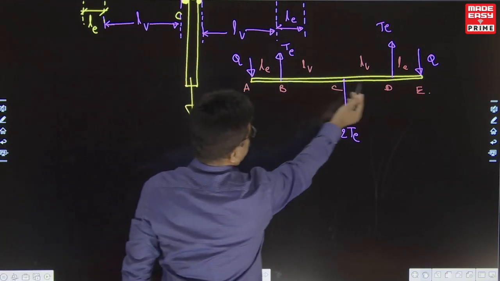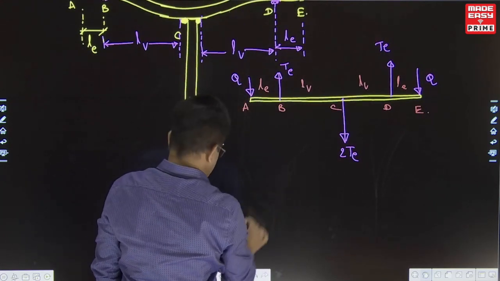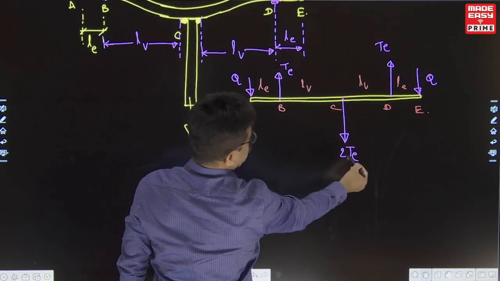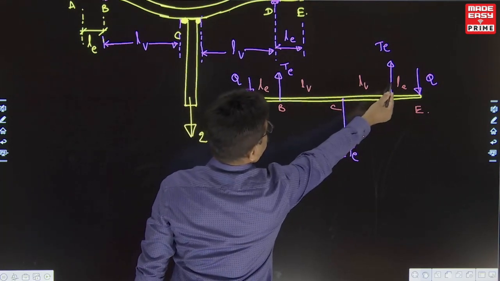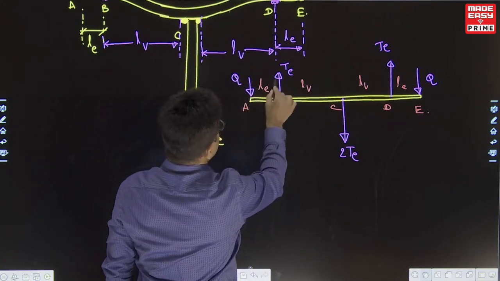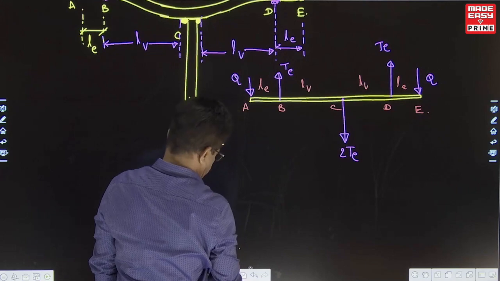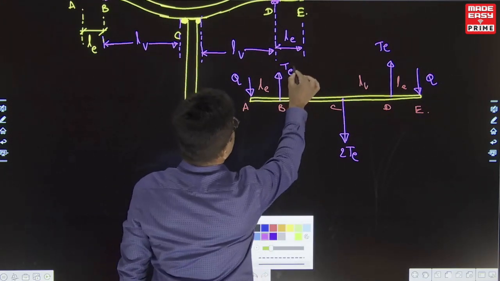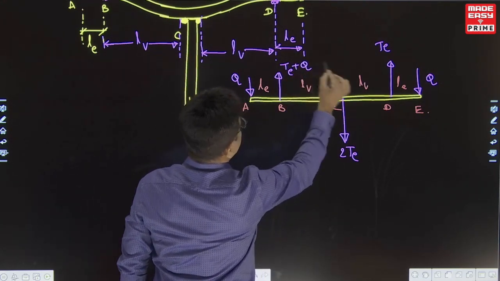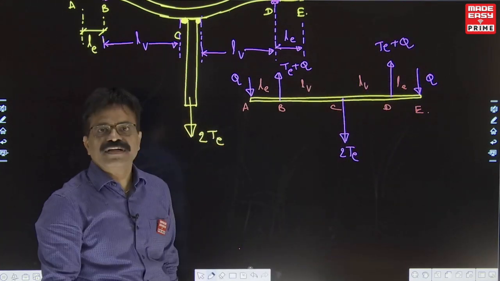To make sigma Fy zero, the downward force is 2TE plus Q plus Q, while the upward force is only 2TE. So to balance this, an additional force will develop. That additional force is TE plus Q, here also TE plus Q. Otherwise, sigma Fy will not be zero.